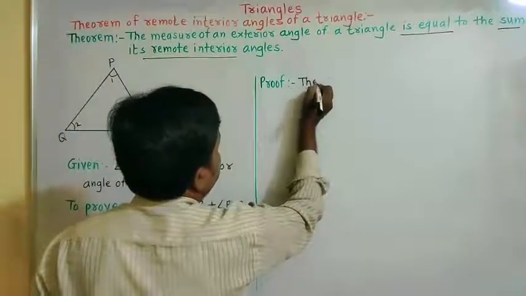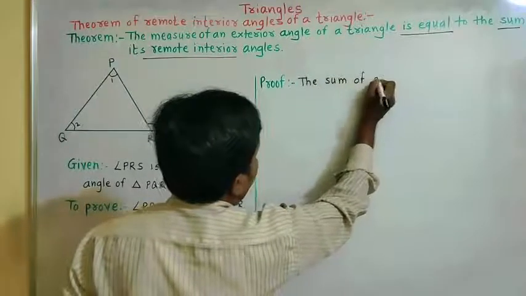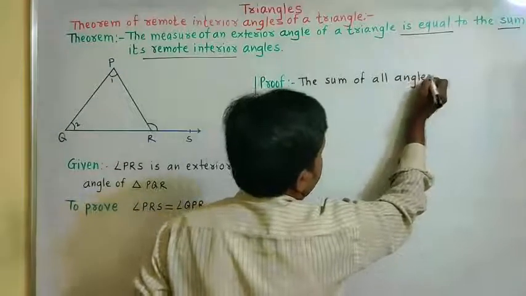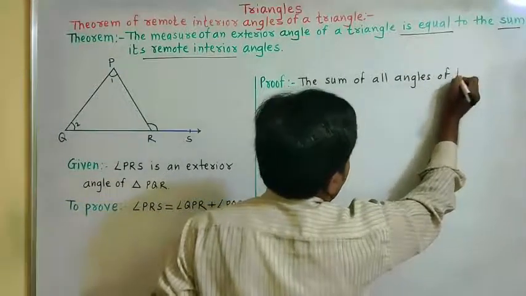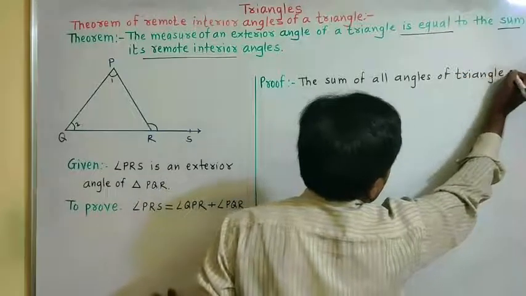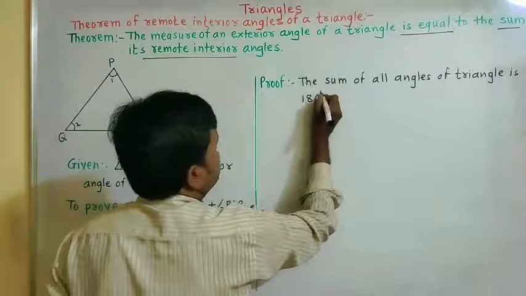The sum of all angles of a triangle is 180 degrees.